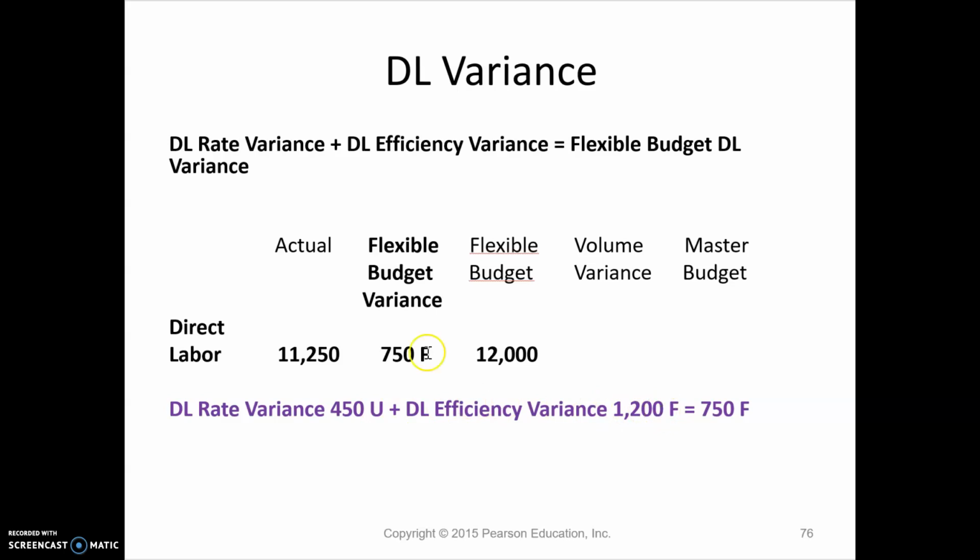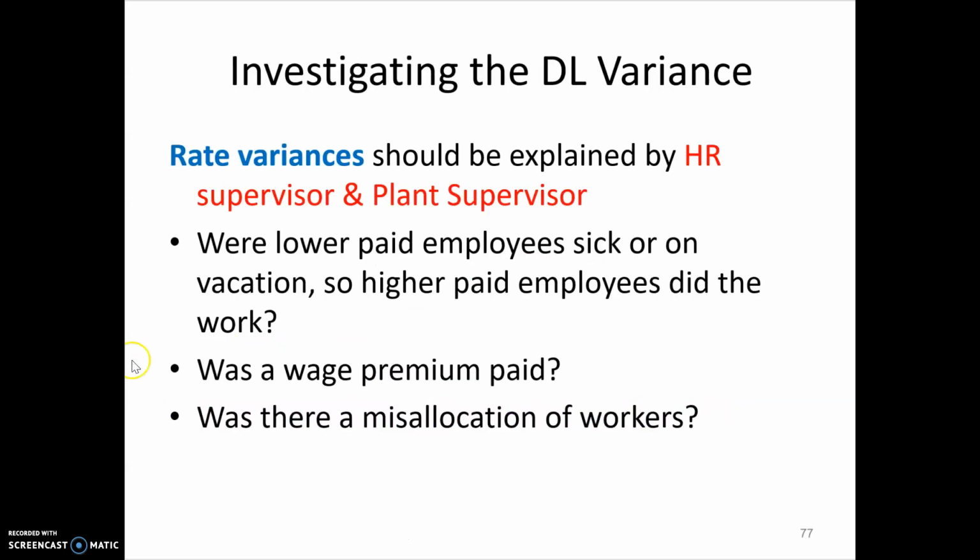And we can talk to the HR supervisor, the plant supervisor. Why did we pay a different rate? Maybe the labor market changed and we had to hire workers at a higher amount. But it could be a situation where we had a different skill level of workers working.